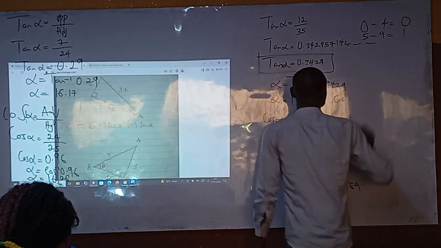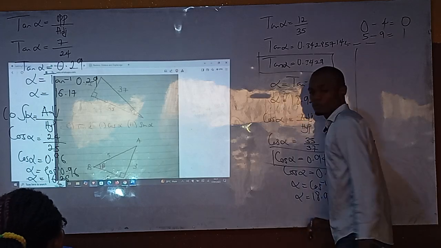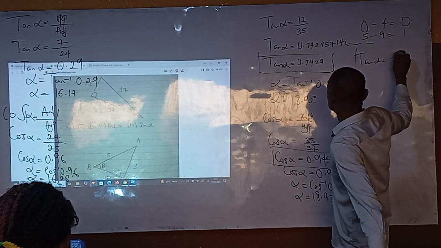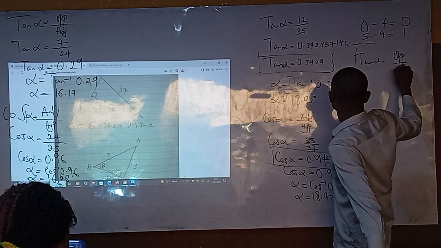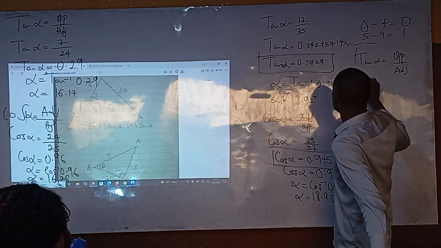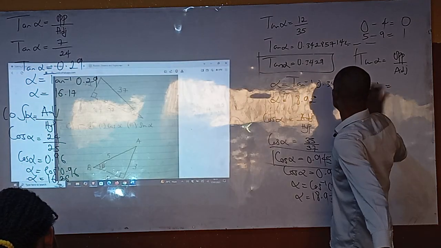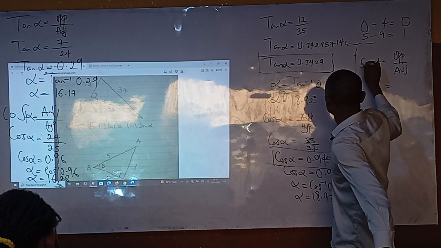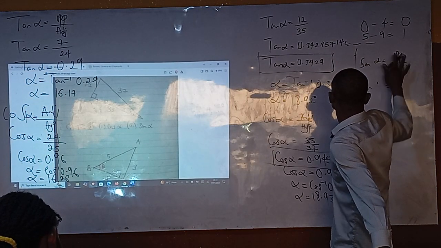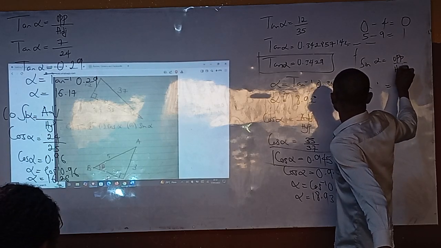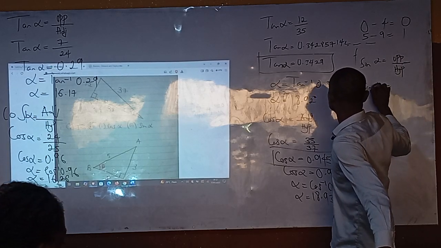What of tan? That's opposite over what? Sine, right? Sine is opposite over hypotenuse.